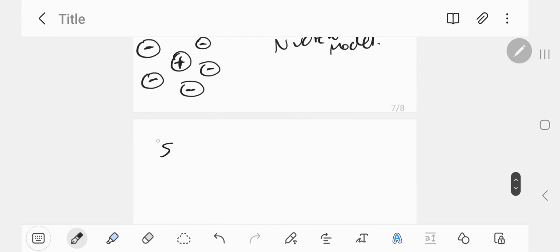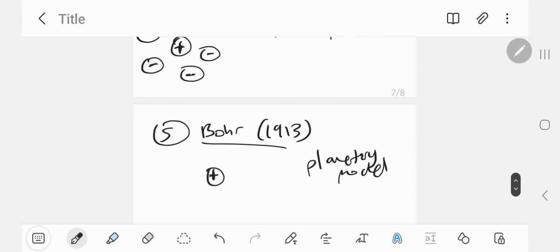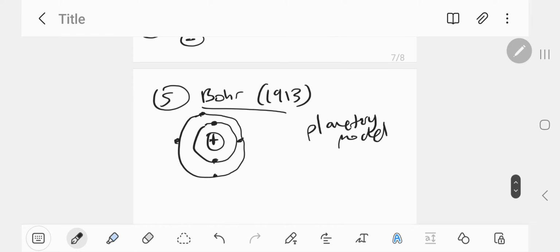And then number 5, the Danish physicist Niels Bohr came along in 1913 and proposed his planetary model. He said that electrons orbit the nucleus, much like the planets orbit the sun. You can have electrons in particular orbits like this.